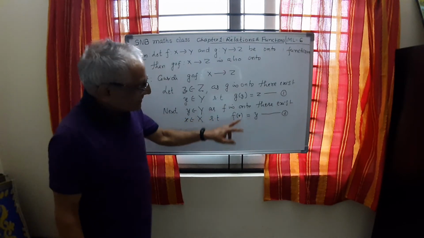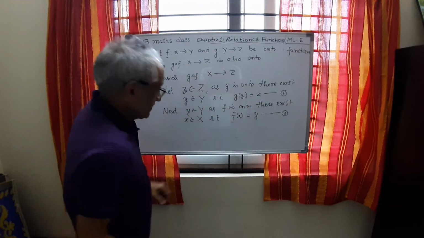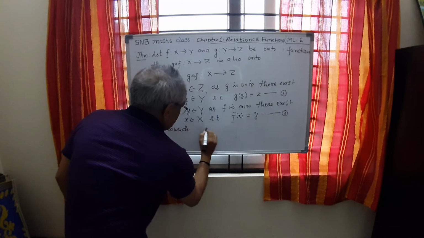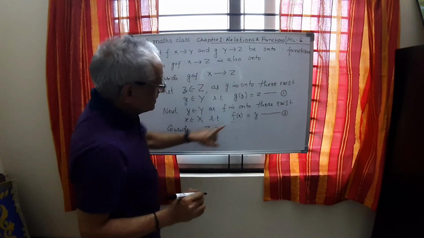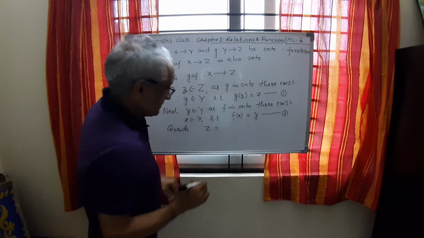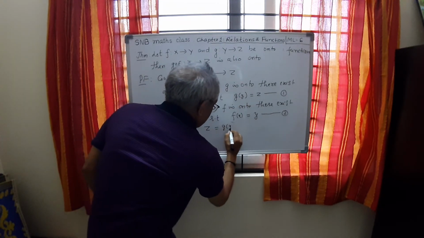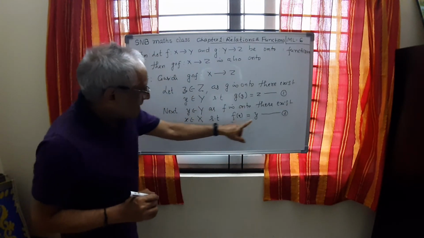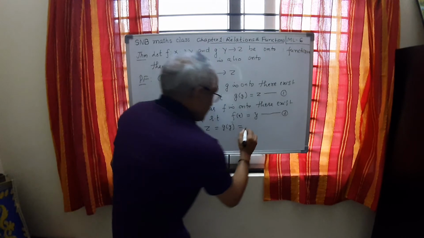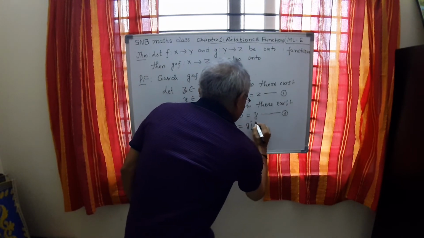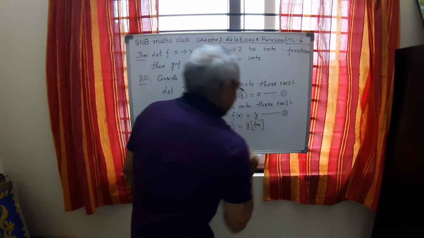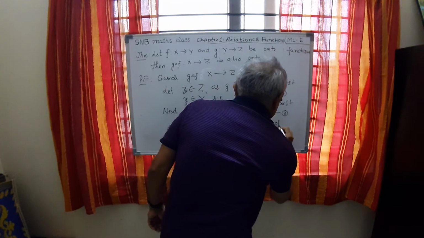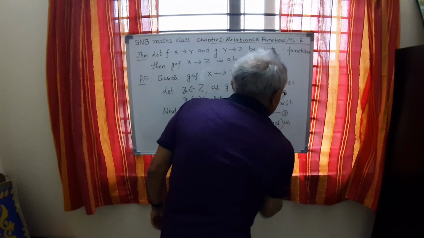Now take this condition z equal to g of y. Therefore now consider z, but z is the same as g of y, and y is f of x. Therefore I have to write g of f of x. But we know by definition g of f of x is the same as g o f of x. So what did we prove?